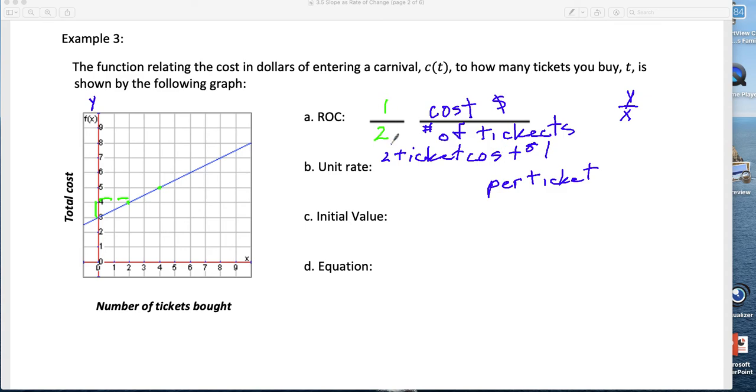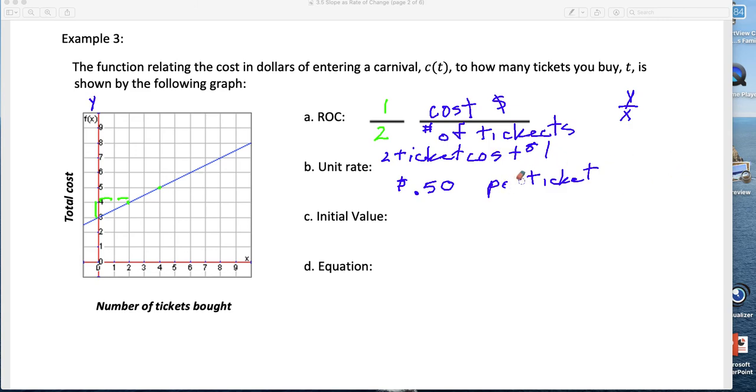Well, 1/2 is the same as 0.5. So if 2 tickets cost $1, then I'm going to say that this is 50 cents per ticket.